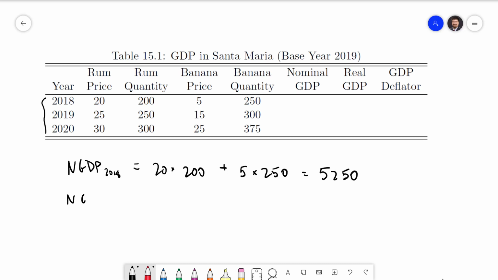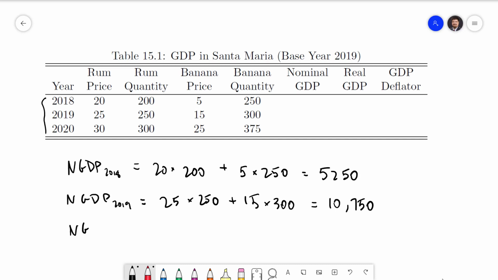Moving down to 2019, we can do the same thing, and now we're going to update our rum price to 25, quantity to 250, and update our banana price to 15 and quantity to 300. You can see that across these years, both the price and the quantity are increasing. We get a new nominal GDP of 10,750.